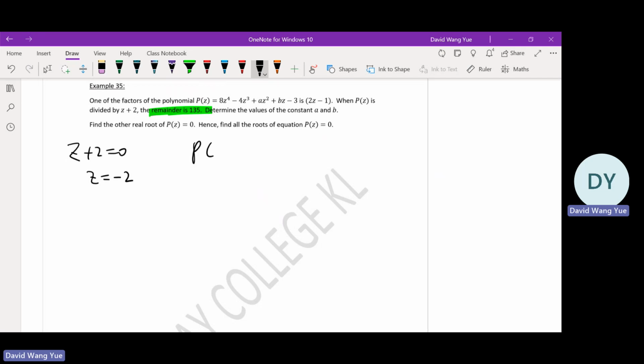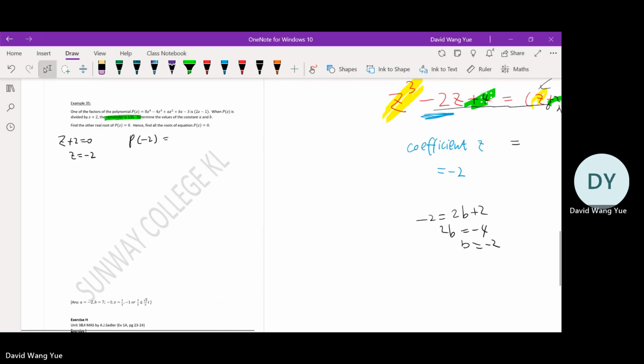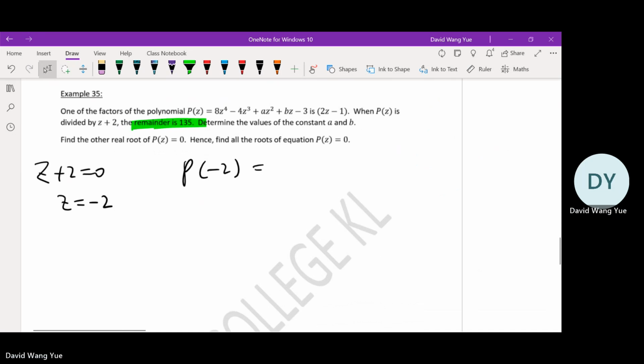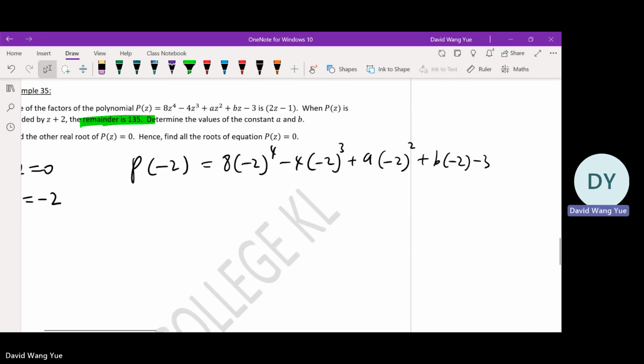Means if I sub negative 2 into it, this one should be equal to 135.